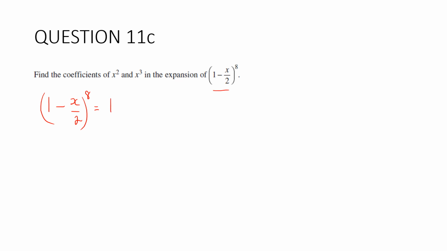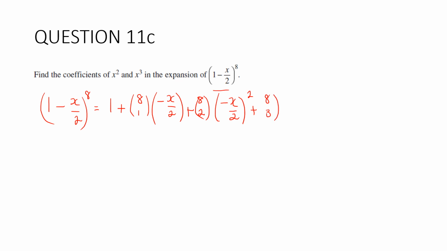So it's going to be 1 plus 8c1 times negative x on 2 plus 8c2 times negative x on 2 squared plus 8c3 negative x on 2 cubed, dot, dot, dot. So there's the term in x squared, and here's the term in x cubed.